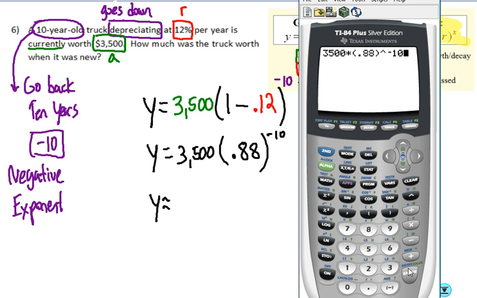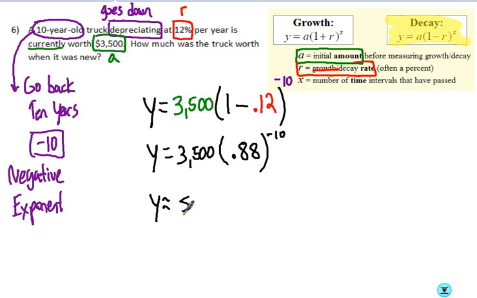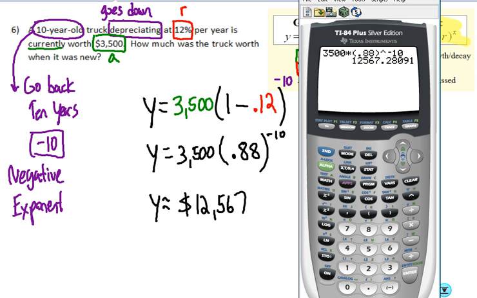And again, negative because we're going back in time. So we end up getting 12,567, and the change on that is 28 cents.